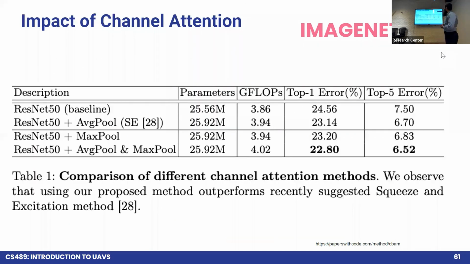Now, what are the results? First of all, they compare the different channel attention methods. Here they have used average pooling, which is only used in SE. SE used only average pooling. So here we evaluate only the attention module, not the total. The attention module using max pooling and average pooling provided better results than max pooling alone or average pooling alone.